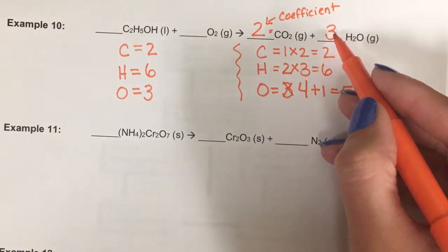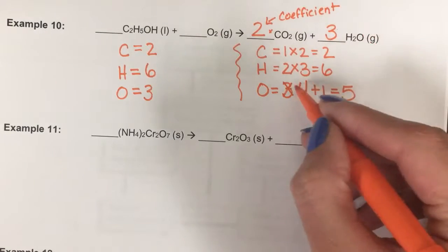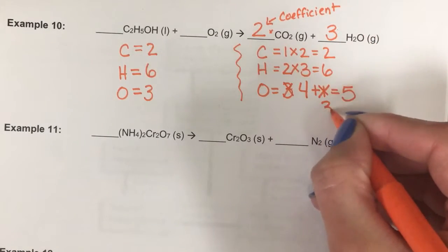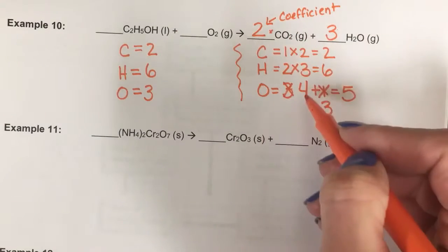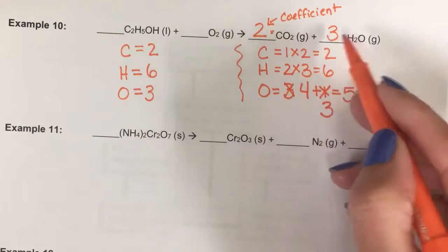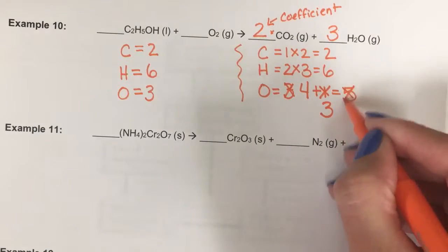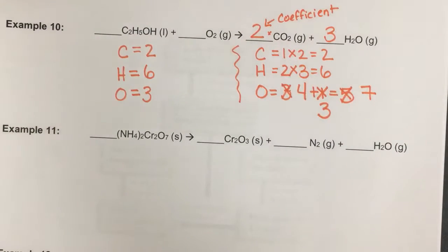Over here, I've got 3 times 1 is 3. I've got 2 times 2 is 4. So now I've got 4 O's here, 3 O's here, for a total of 7 O's on this side.